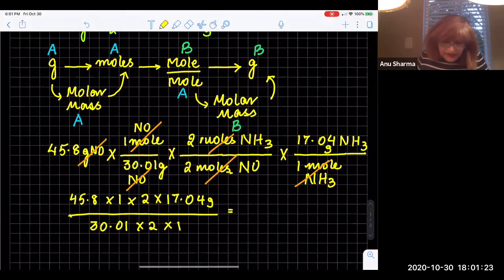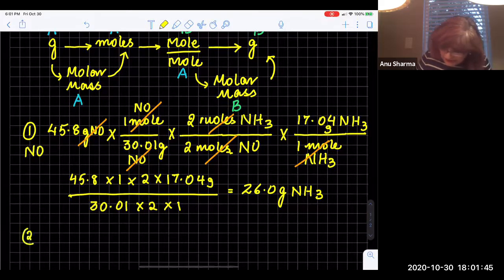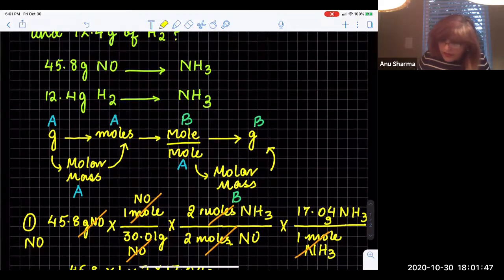And this whole thing is going to give you 26.0 grams of ammonia. Next, this is case 1, with nitric oxide. Next, you're going to write down for the hydrogen.